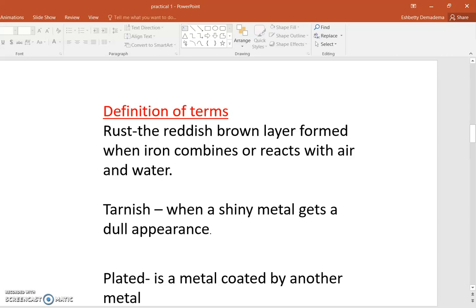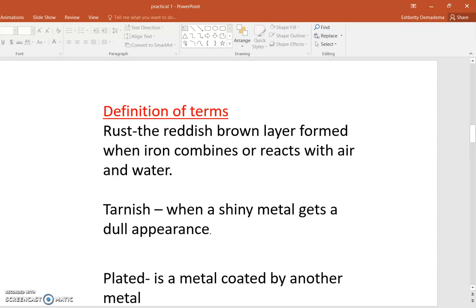Corrugated iron is hammered in sheets, and then you dip the whole sheets in zinc, and then it becomes plated. When something is plated, it means it is covered by another metal to stop it from rusting.